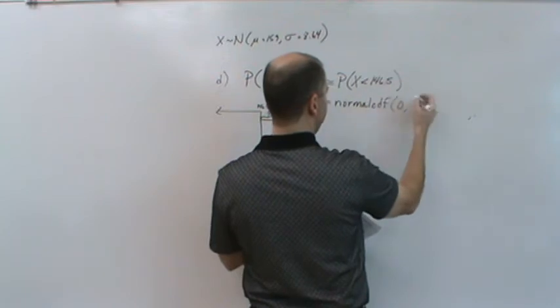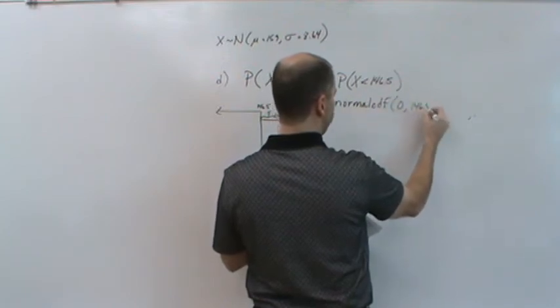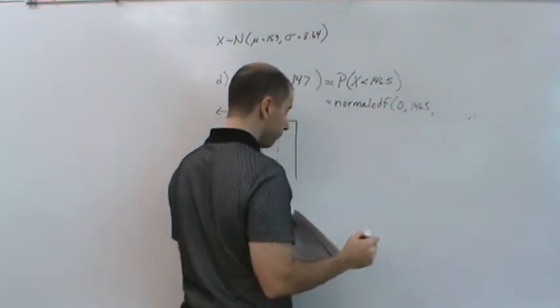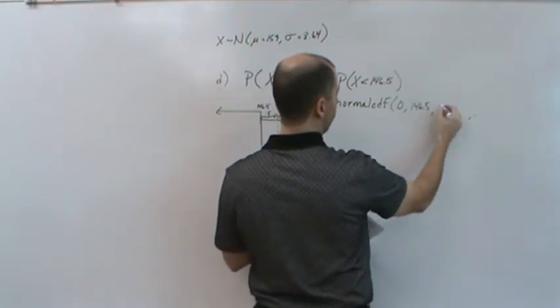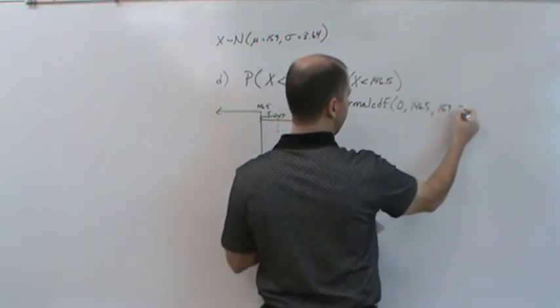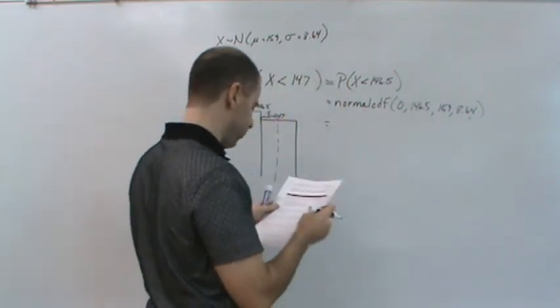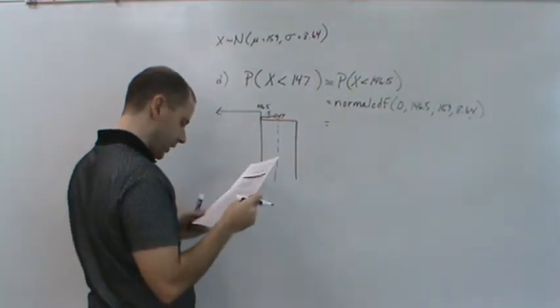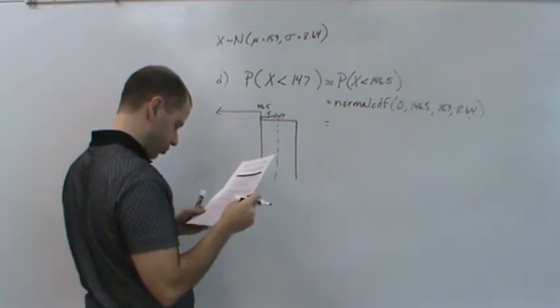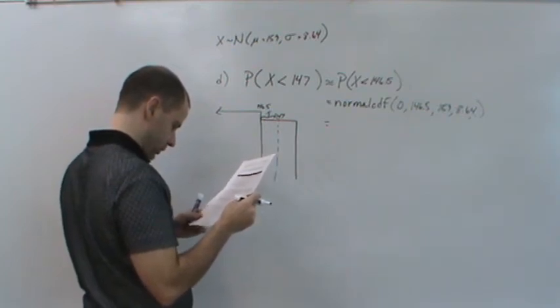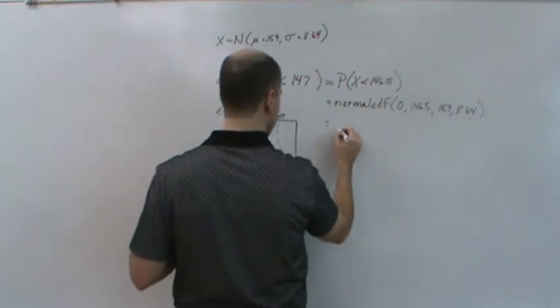The upper bound is 146.5, 159 is the mean, and 8.64 is the standard deviation. If we plug that into our calculator, we get 0.0741.